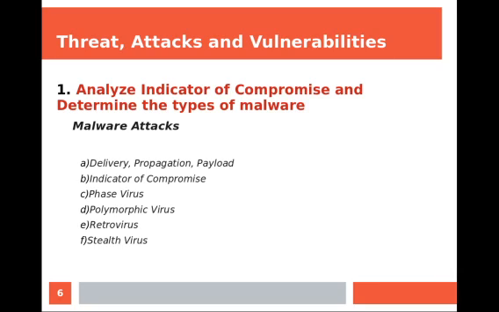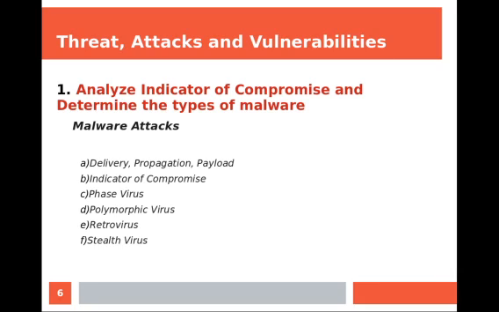Then indicator of compromise, an artifact observed on a network or in the operating system that with high confidence indicates a computer intrusion. Then phage virus, a virus that modifies and alters other programs and databases.